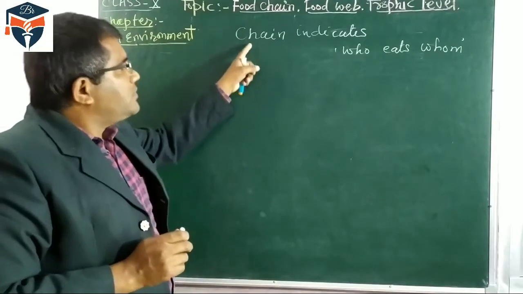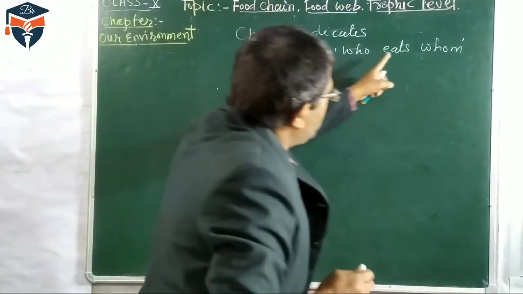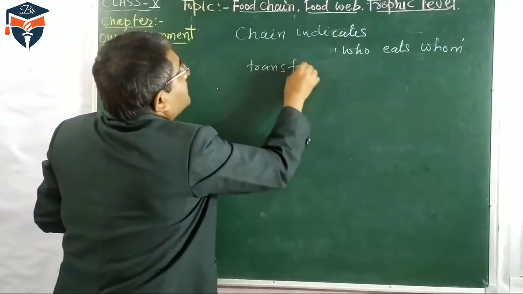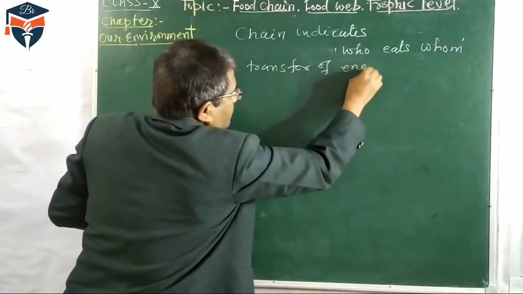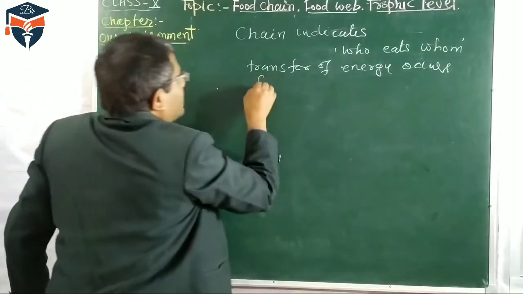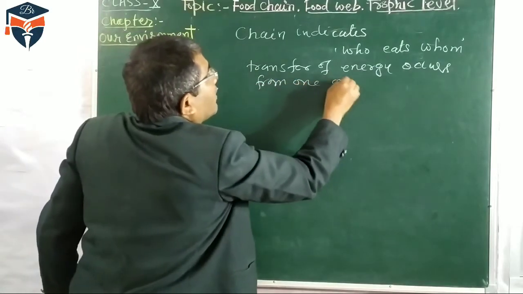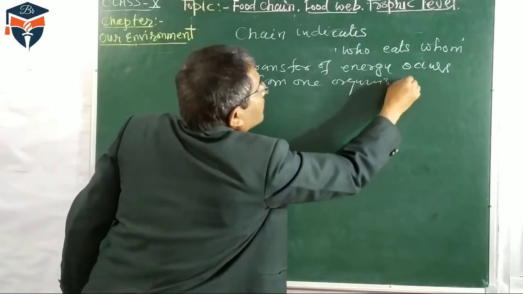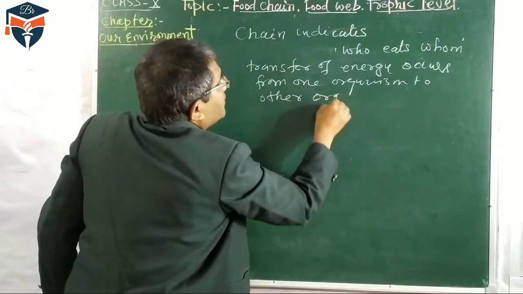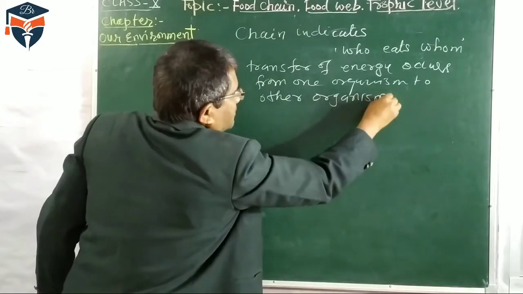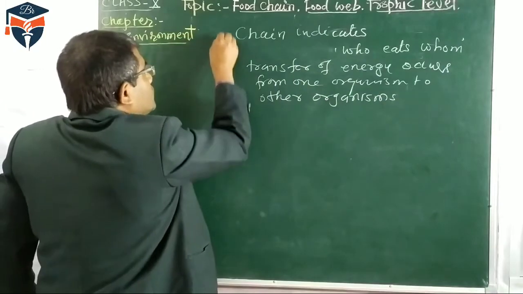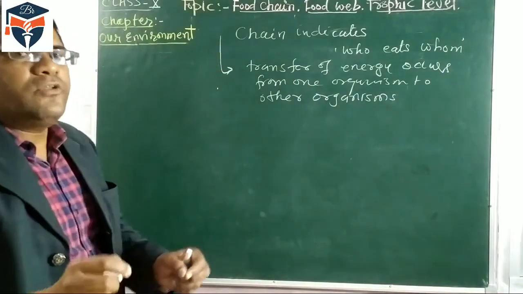So the food chain indicates who eats whom, and by this process what happens? Transfer of energy occurs from one organism to another organism. So this is the definition of food chain.